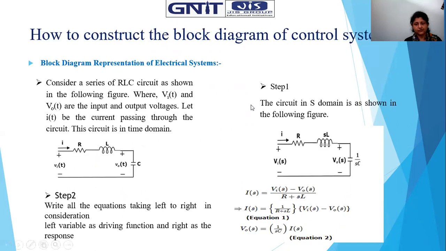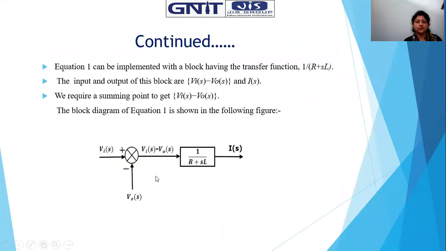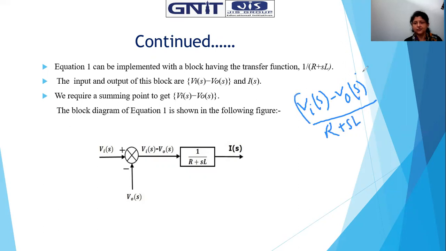See equation number one: VIS minus VOS divided by R plus LS, that equals IS. So how do we represent IS? We have VIS minus VOS, and that will be accomplished first.